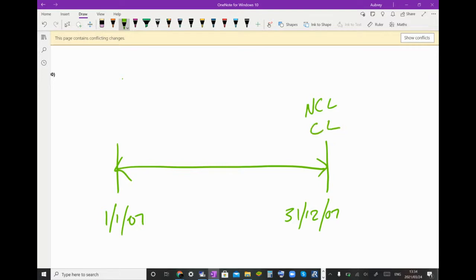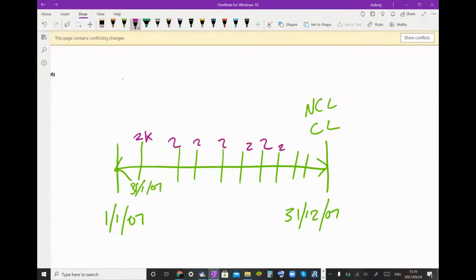Here we were told that the first premium is going to be paid on 31 January 07, and every month they continue to pay a 2,000 premium. This is 2K, 2K, I'm just going to keep doing that so that we get the point. Everybody together so far?